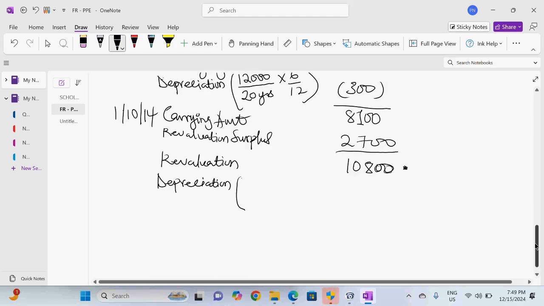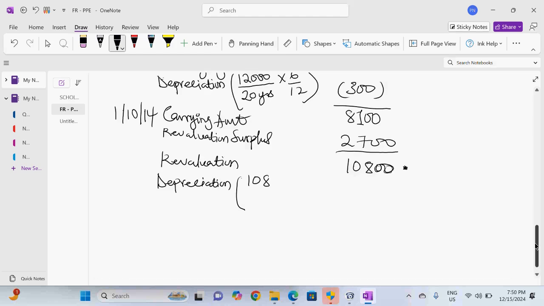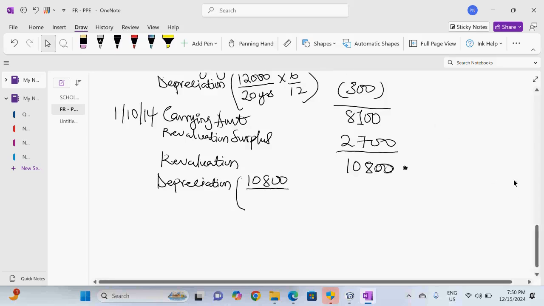It will be on the revalued amount, 10,800. Now, what is the remaining useful life? Remember that when I was reading the note, I stressed that it should be on the remaining useful life. So what is the total useful life?